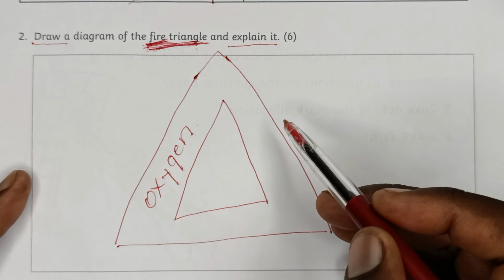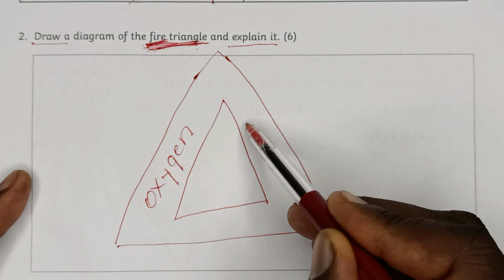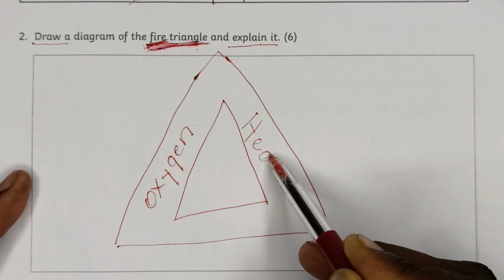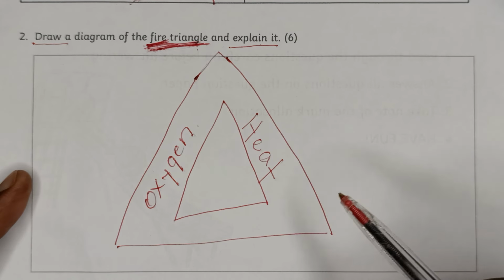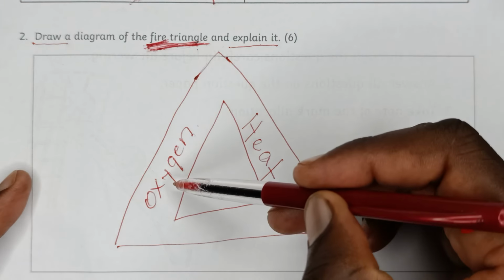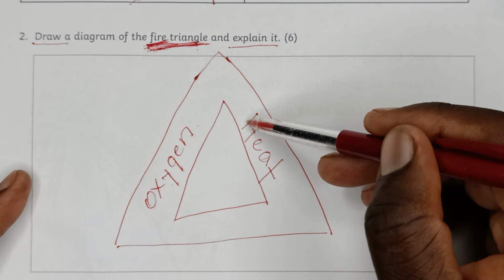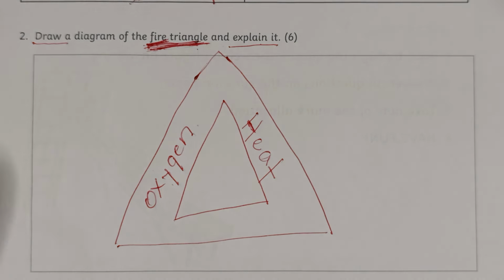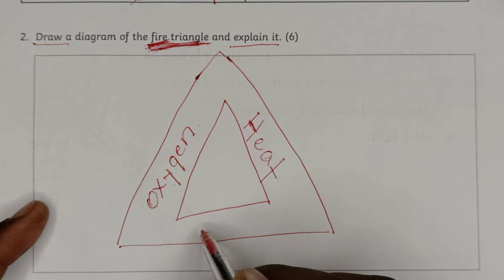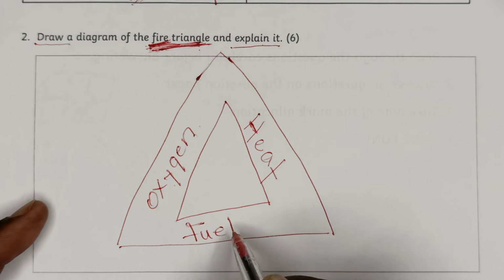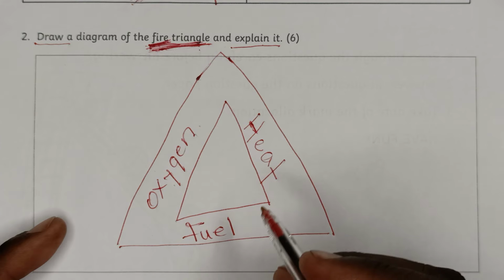So the second thing that is needed is heat. If we have oxygen and we do not have heat, we cannot have a fire there. So the third one, we need fuel. What is fuel?